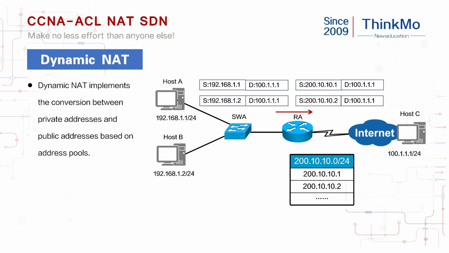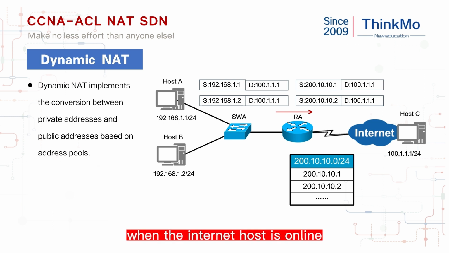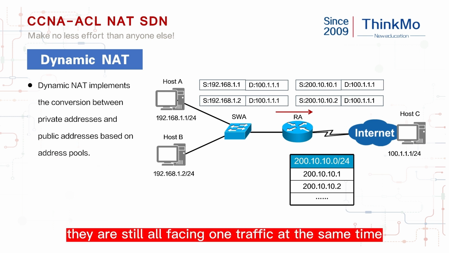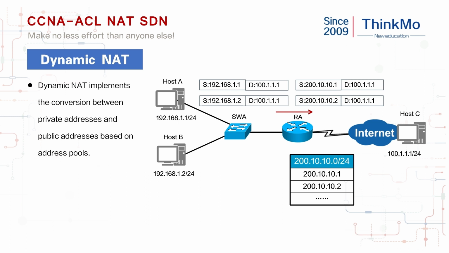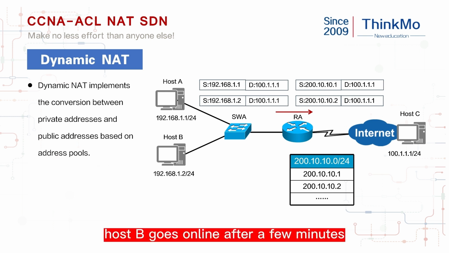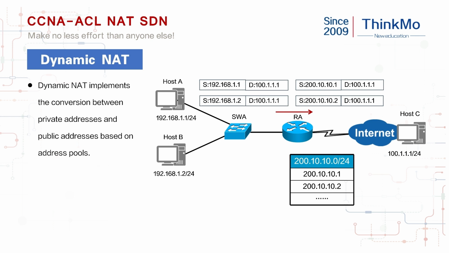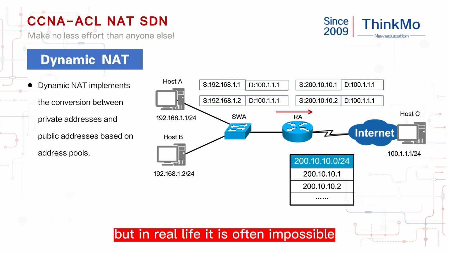Otherwise, when the intranet hosts are online, they still all generate concurrent traffic at the same time. If it's like every day, host A goes online, and host B goes online a few minutes later, in this case, one address is enough. But in real life it is often impossible.